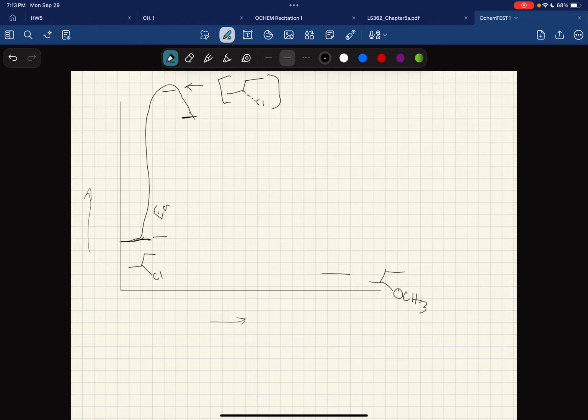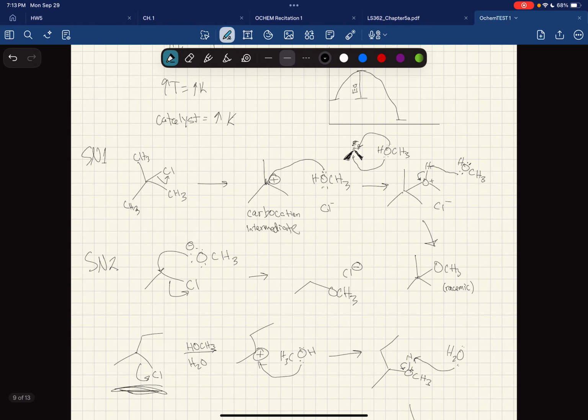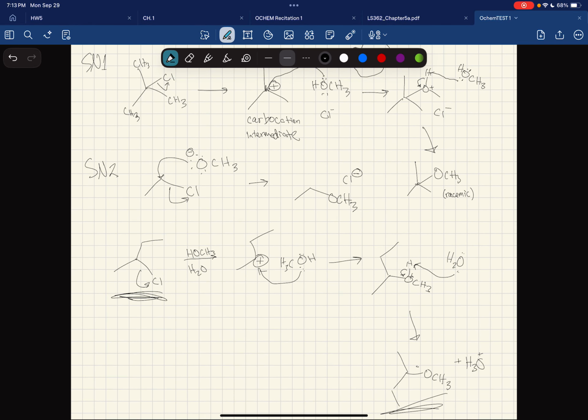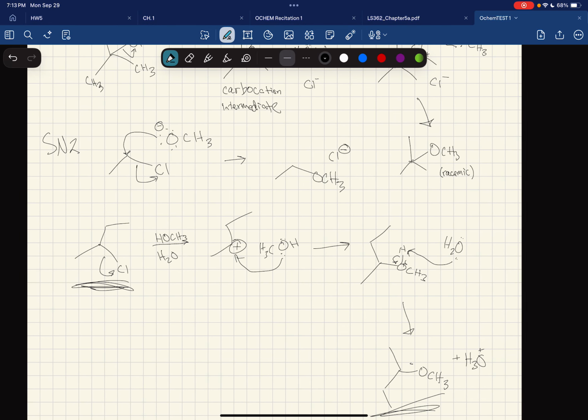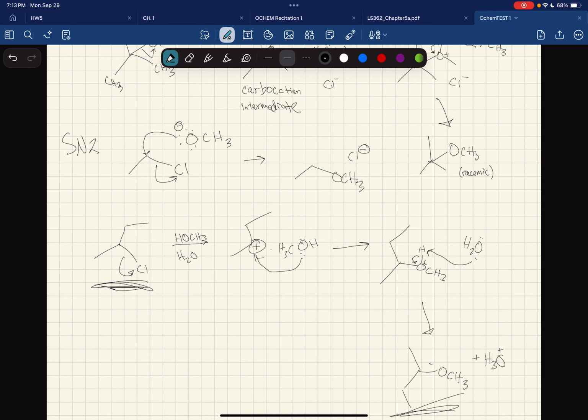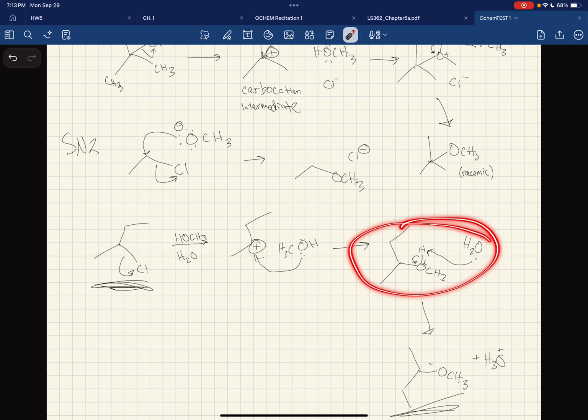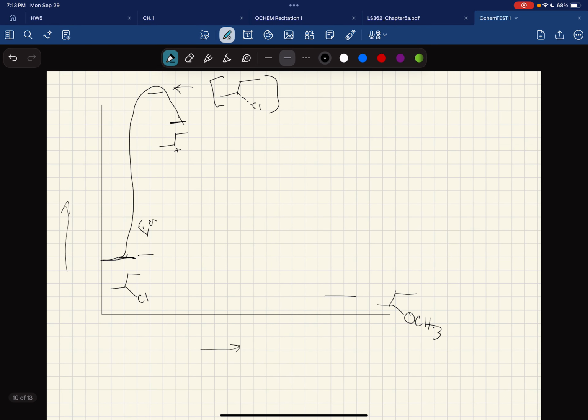And then you know that this is the carbocation. And then you go to the next step, where this comes in and attacks that. That's going to be significantly lower in energy, because this product is a lot more stable than this carbocation, even though it is positively charged. So you can draw a line probably down here.